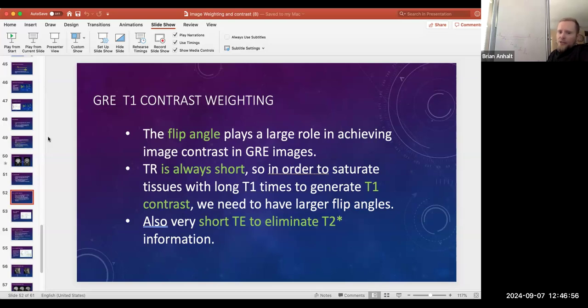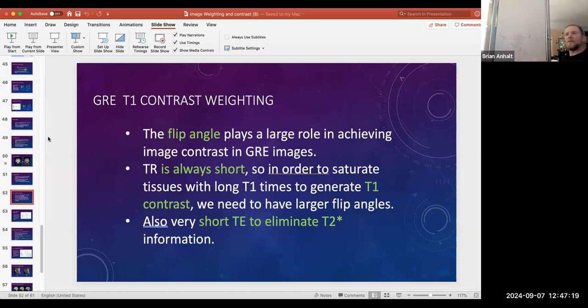TR is always short. So in order to saturate tissue with long T1 times, we have to use a large flip angle. Just like a spin echo sequence, we use a 90, which is a large flip angle, right? With a short TR, that's going to saturate tissues with long T1 times and give us T1 contrast.